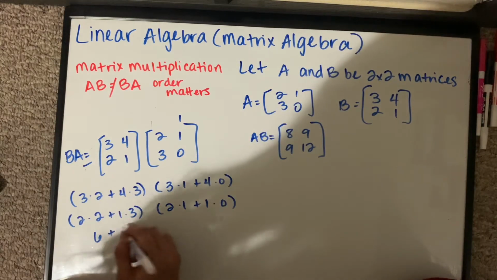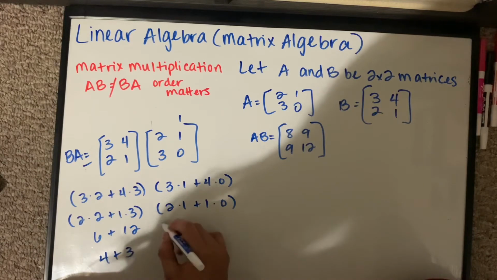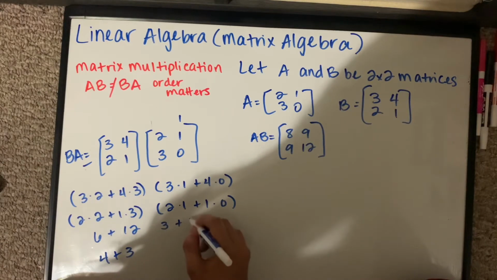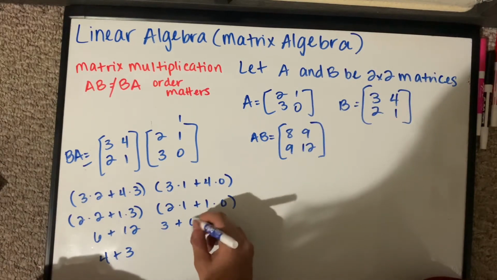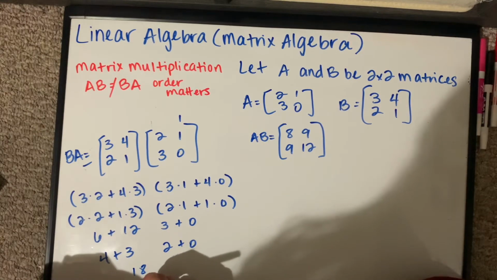Alright, and here we get this. So that gives us 18, 7, 3, and 2.